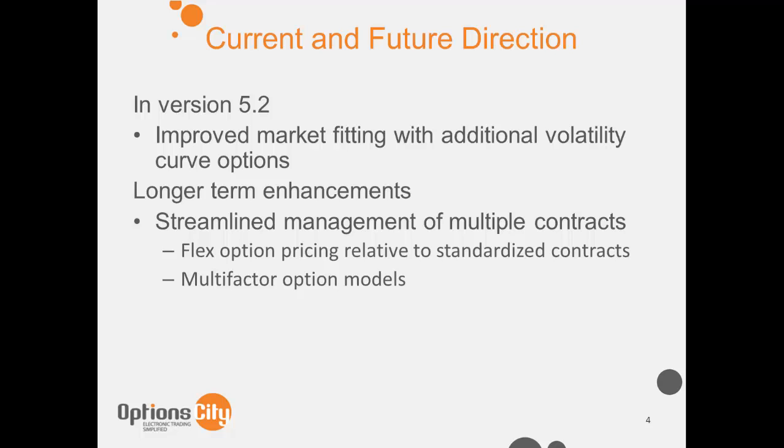In the long term, that's going to provide us with volatility surface support, and that's just generally a streamlined management of multiple contracts. So let's say you're trading in the energy space and you've got 5 years of quarterlies and monthly contracts, and you want to try and fit things in a more global sense. That helps with that, and that's what we're going to be moving towards in the long term.